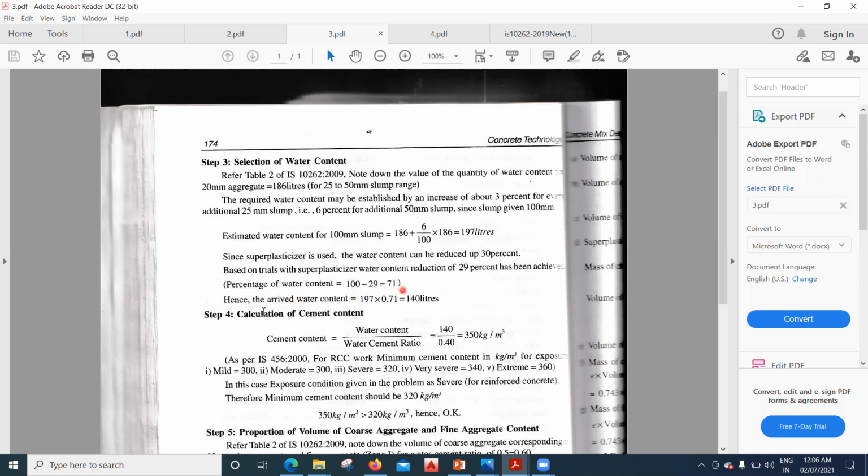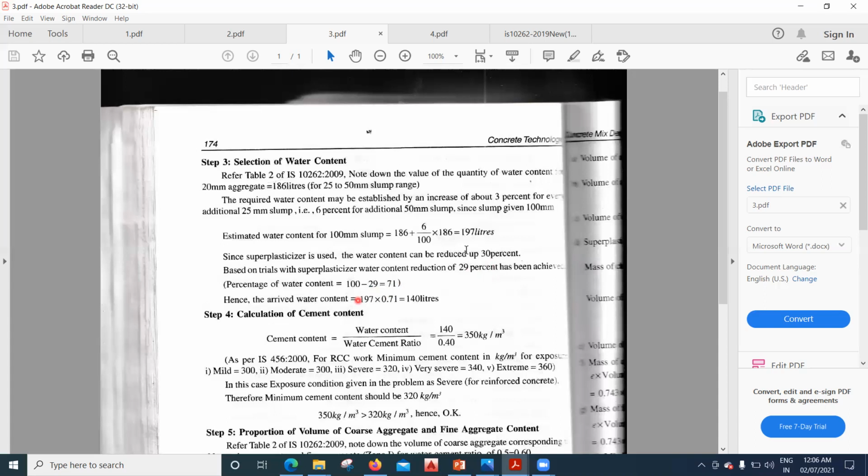You can do 30 also, no one is going to stop you, but we'll take 29. 100 minus 29, that is 71% of the water content.